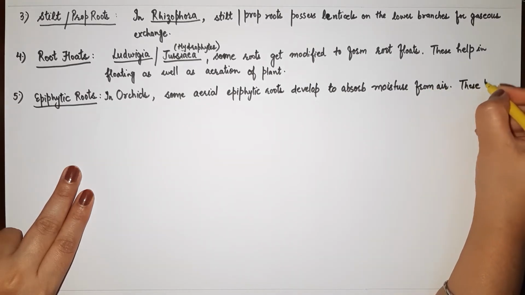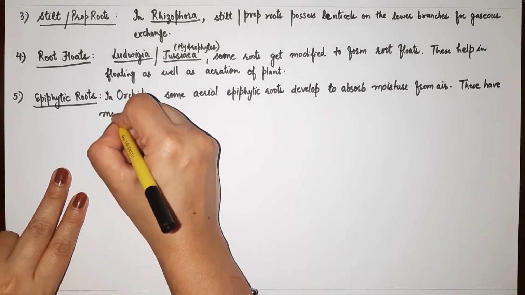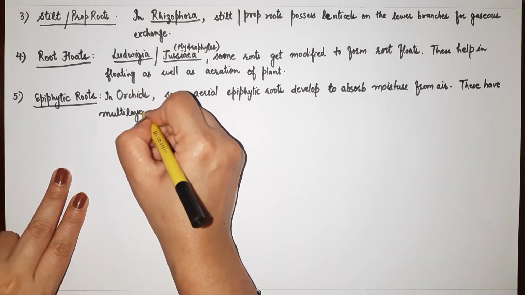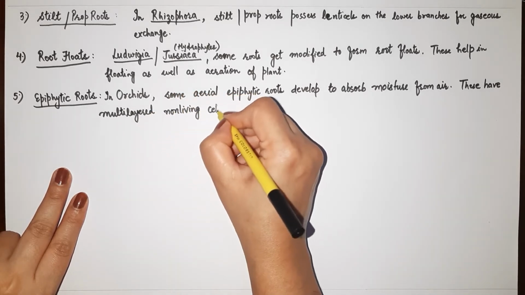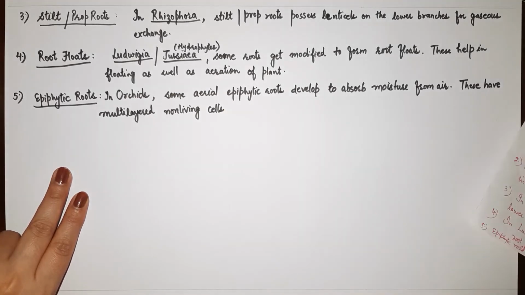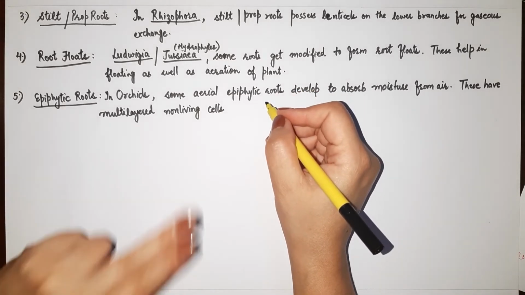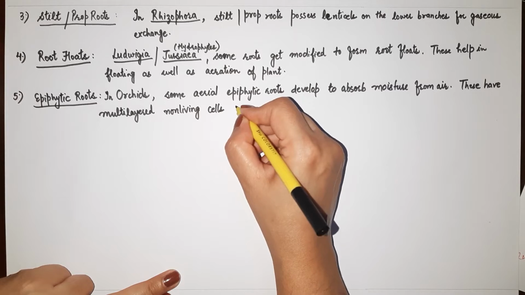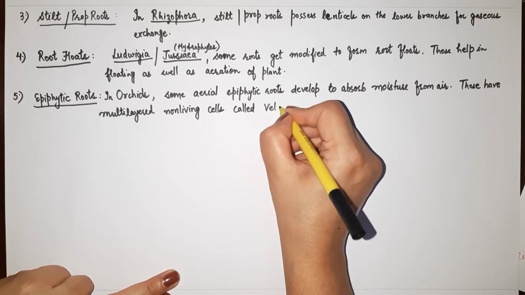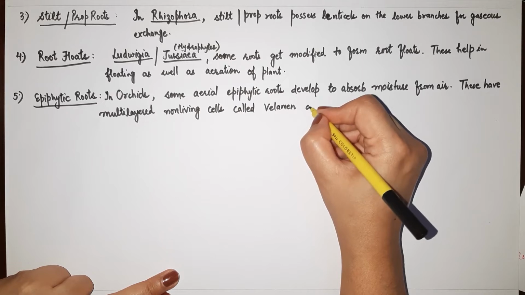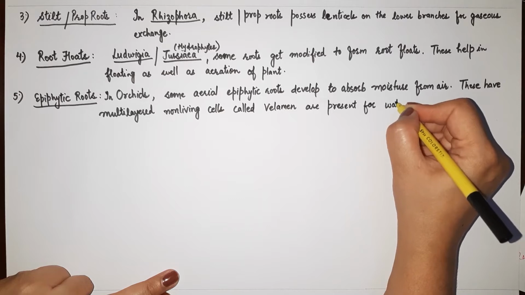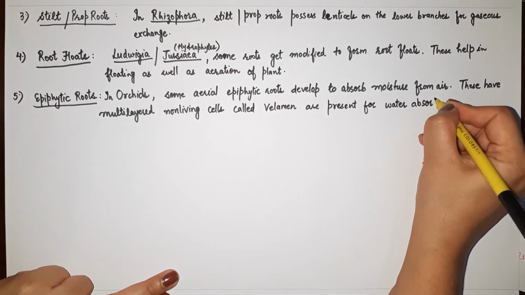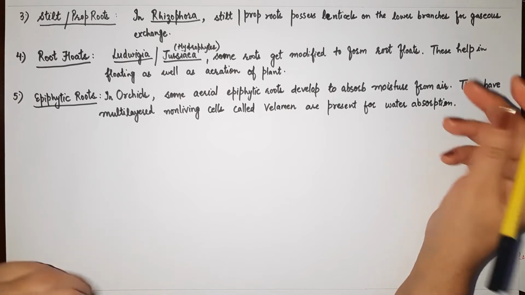These have multi-layered non-living cells. So basically in this, the special kind of cells are present which are called velamen. So multi-layered non-living cells called velamen are present for water absorption. Okay, these are hygroscopic in nature, so they can absorb the moisture present in air.